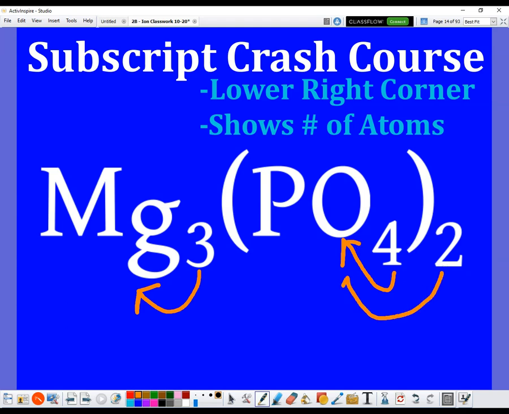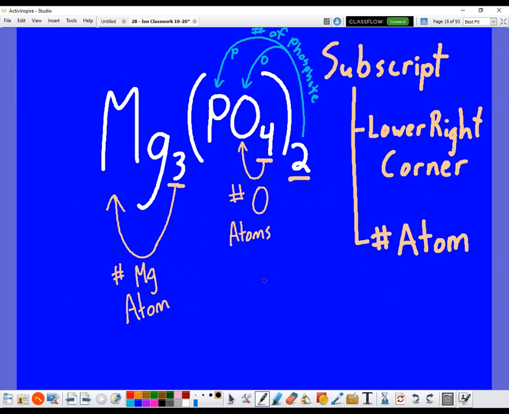This 2 not just hits the oxygens because it's in the parentheses, it distributes all the way to the phosphorus, meaning that there are 2 phosphoruses and 2 times 4, because we're distributing oxygens, for a total of 8 oxygens. So here's a picture that kind of shows you that as well. I did this the very first year, so I like keeping it.